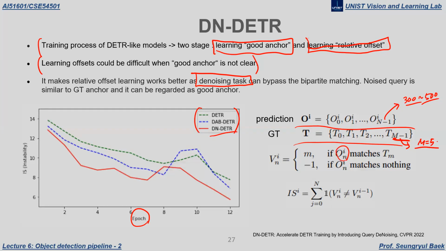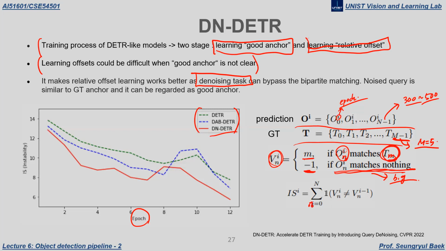I is the index for epoch. If the N-th object query is matched with the M-th ground truth in the I-th epoch, we set this V_I^n as M. And if it matches with nothing, it means background, then we will set it as -1.